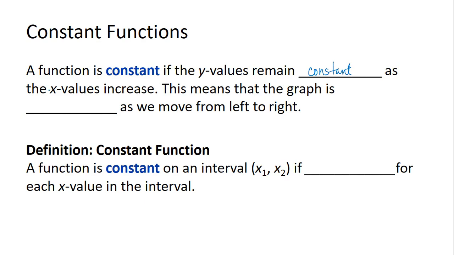This means that the graph is horizontal as we move from left to right. A function is constant on an interval x1 to x2 if f of x1 is equal to f of x2 for each x value in the interval. That is, the y values are the same for those particular x values.